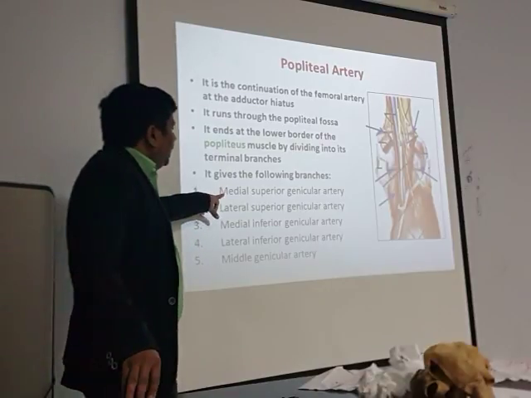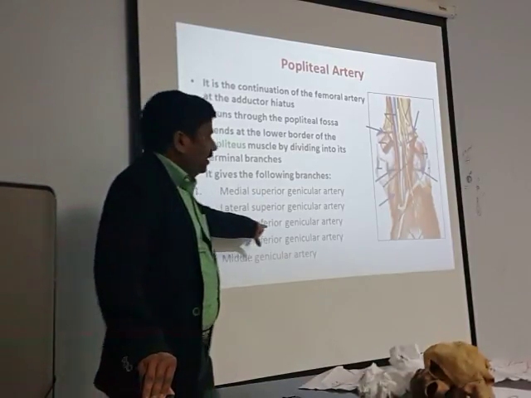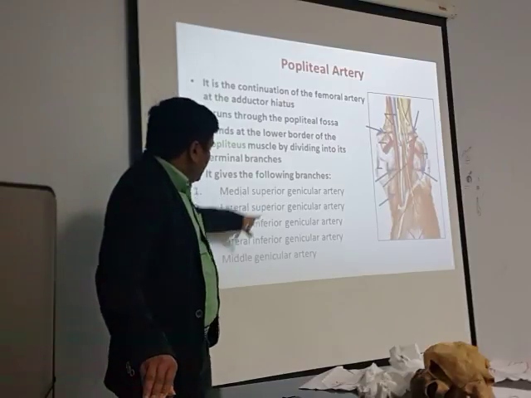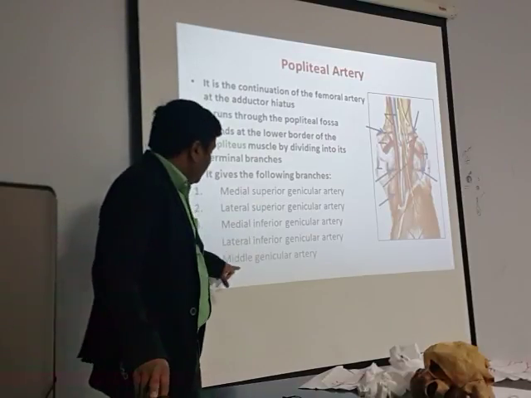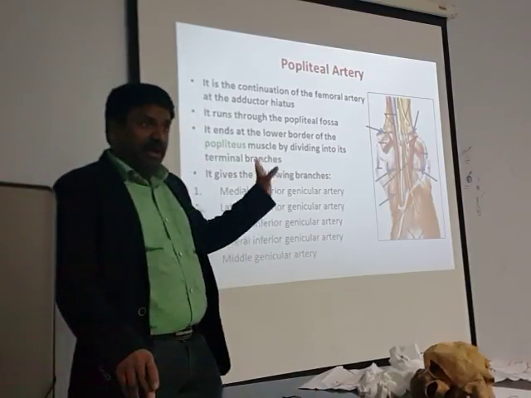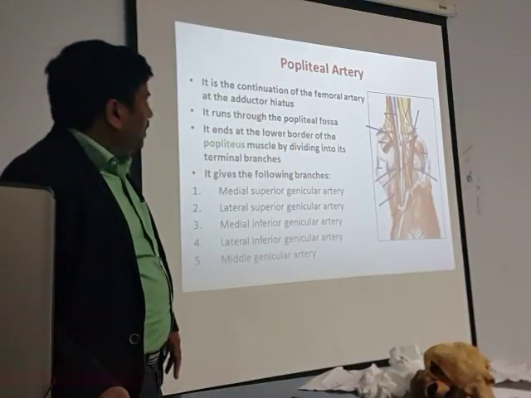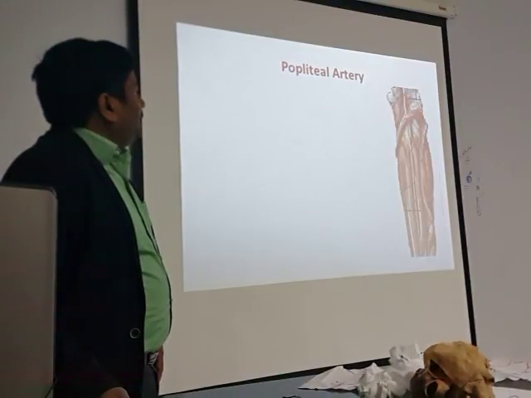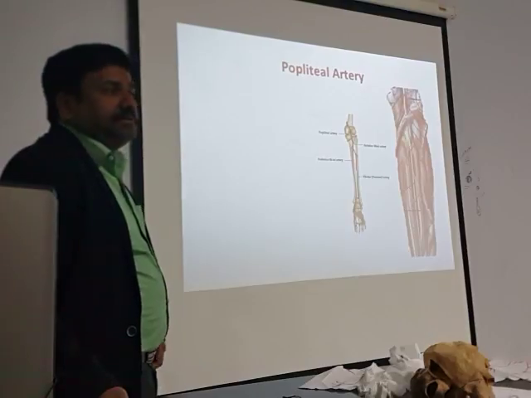Medial superior, medial inferior, lateral superior, lateral inferior, and even a middle one. They are genicular branches from the popliteal which help in making the anastomosis around the knee joint.